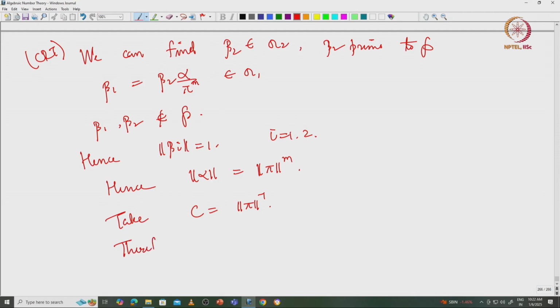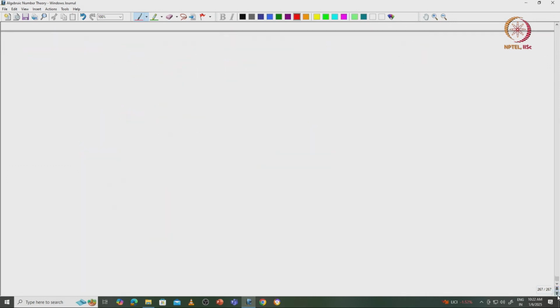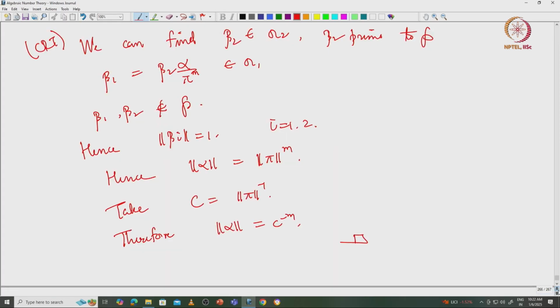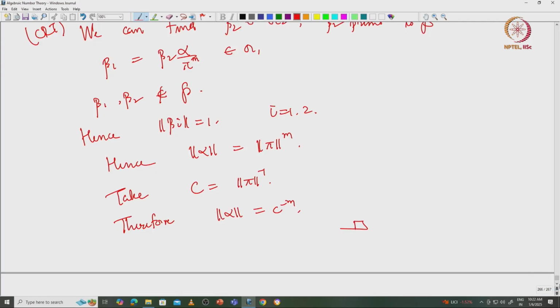Therefore, the valuation of alpha is C to the minus m, and this was for any alpha, and pi was chosen independently of alpha, right. And so that is how you get what you want, right. So, yeah, any non-Archimedean valuation is given by a prime ideal, right.